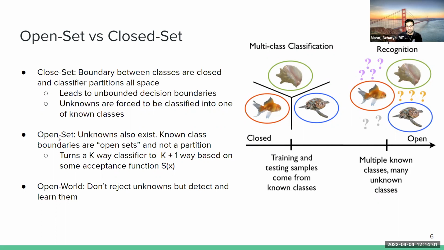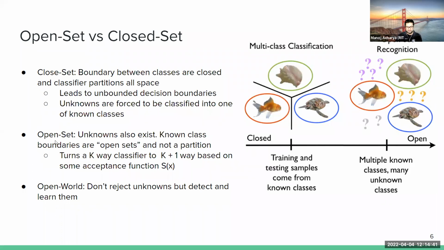Compared to closed set, in open set it is assumed that unknowns will exist, but instead of partitioning the space, you are creating sort of sets, and along with that, unknowns will also exist. You are changing the K classifier into a K+1 classifier based on an acceptance function of x, which will allow the model to say that the K+1 class is an unknown category, and it will reject those unknown examples.